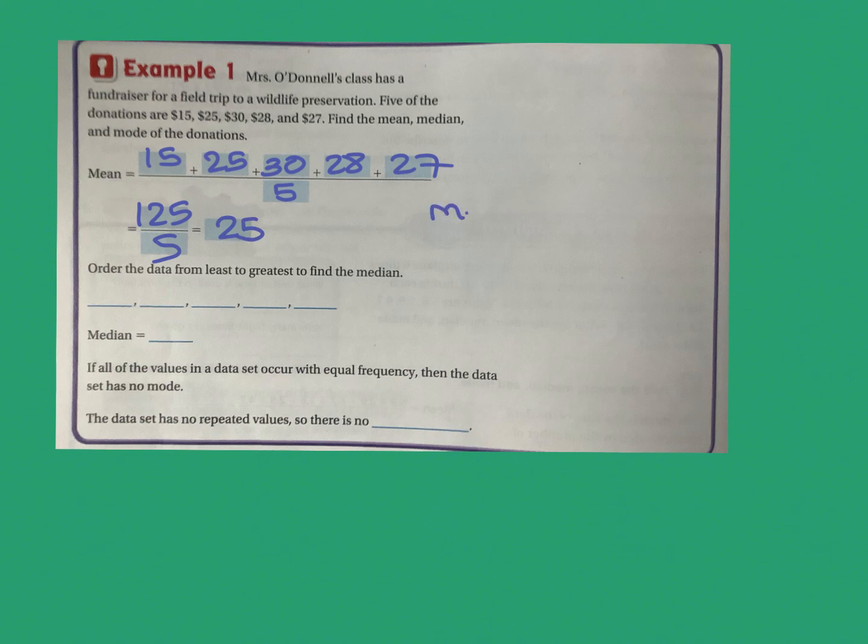So the mean of the data, the center-ish of all of this data, is about $25-ish. There will be some that are more, some that are less, one that is right on 25, right on the mean.